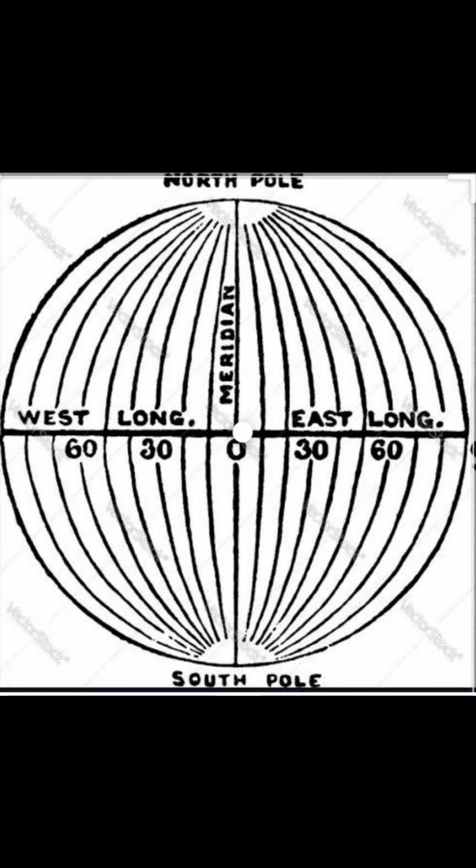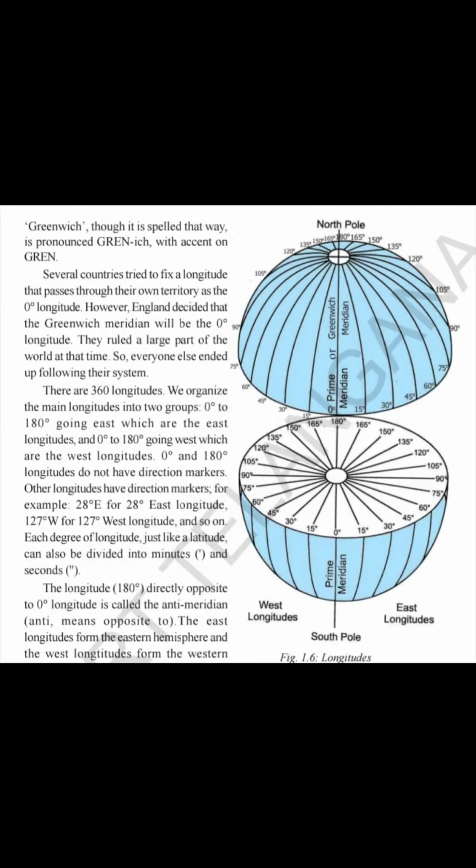From the 0 degree prime meridian, we can see the numbers starting with 0 degree towards the east. Again from the 0 degree prime meridian, we can see towards the west longitudes starting from 0. So altogether we have 180 degrees towards the east and 180 towards the west.